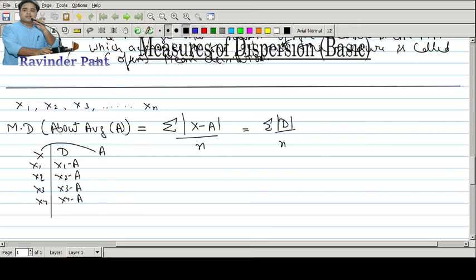And at last we are summating these differences and putting a mod around this D so that we ignore these signs.